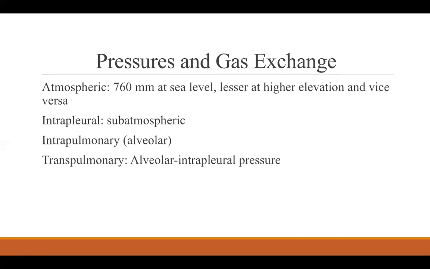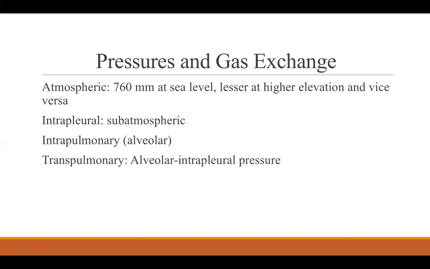I'm going to make up some numbers. When it's inspiration, let's think about intraalveolar pressure as 758 and intrapleural pressure as 754. So it's going to be a difference of 4. 758 minus 754.